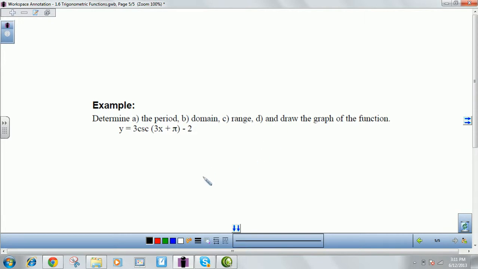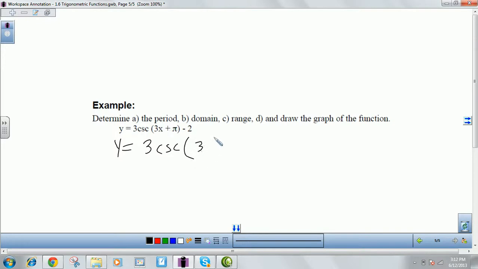Determine the period, the domain, range, and then draw a graph of the function. First of all, if you look at this, it's cosecant. If you look at the graph of cosecant, you can try to alter that graph to match what's going on here. To get you started, to make it look like the equation we just saw, we have to get x by itself.